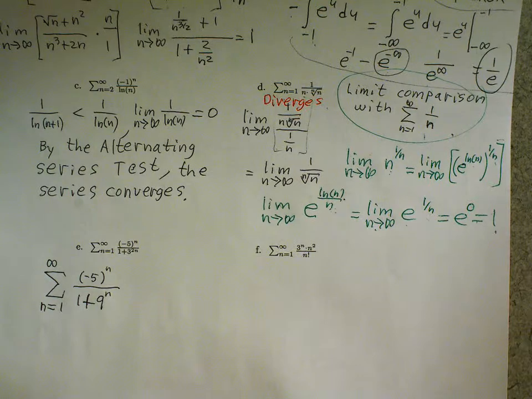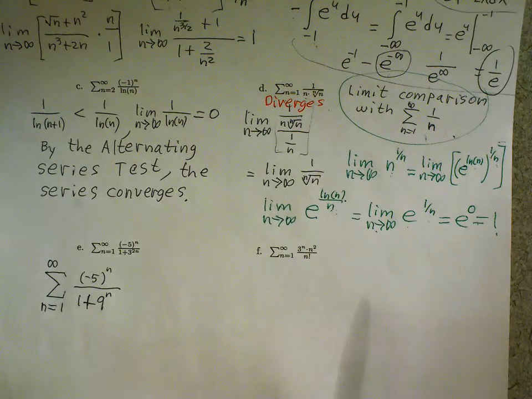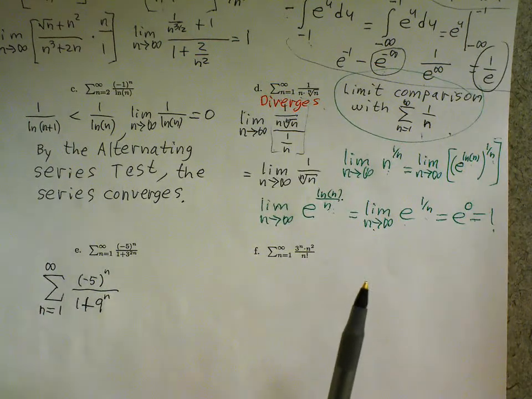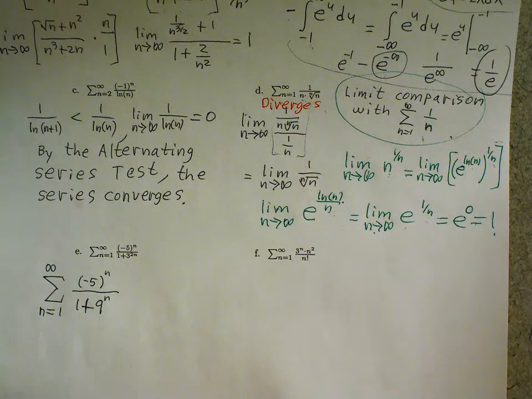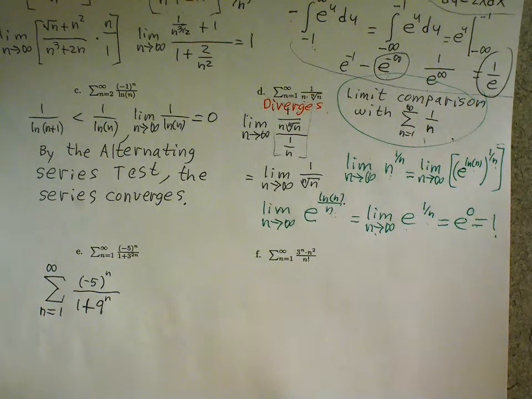So does anything come to mind? The root test? Yeah, the nth root of 1 plus 9 to the n, we have to take the nth root of the entire denominator. That doesn't work out as nicely as we would like.